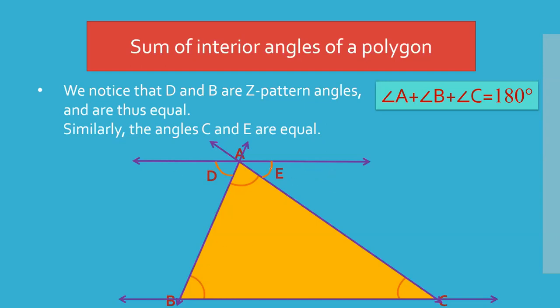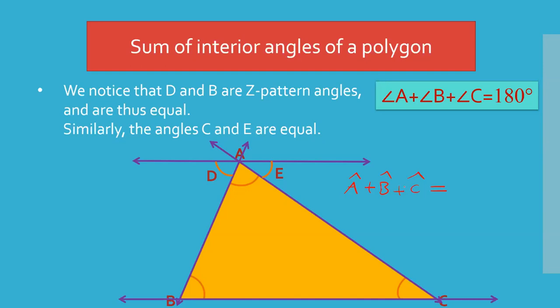So why have we done all this? Now, what can we notice about the sum of the interior angles of the triangle? Can we rewrite it in another way now that we have new angles? Yes, thank you, Naomi. That's the idea.